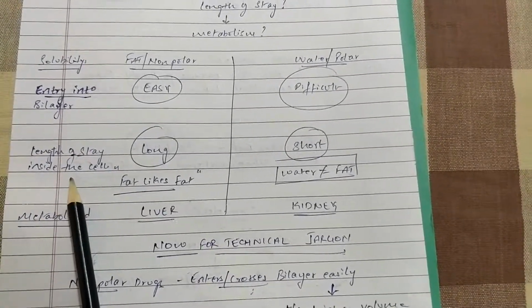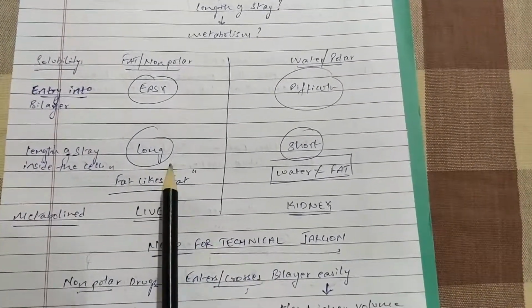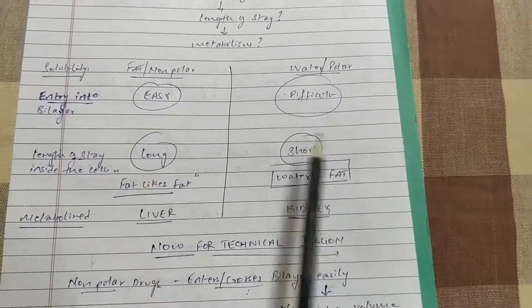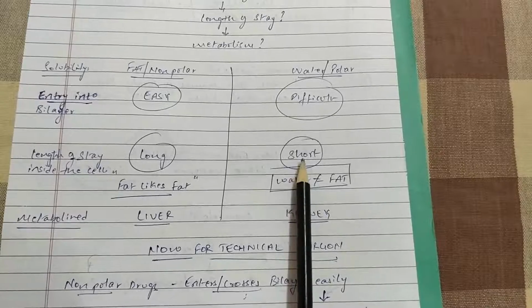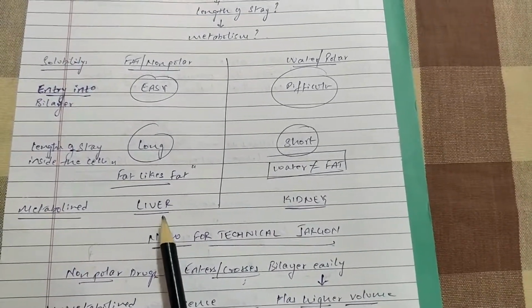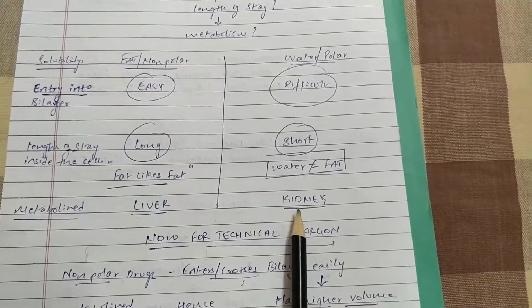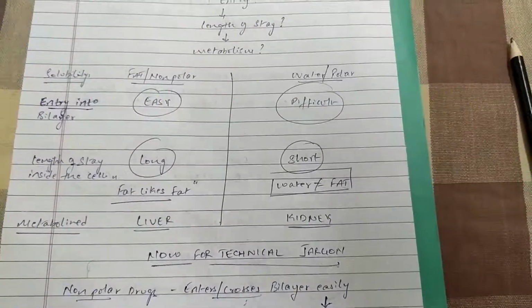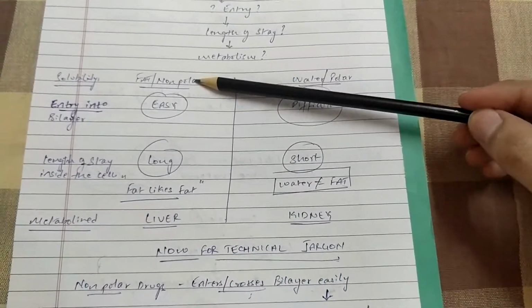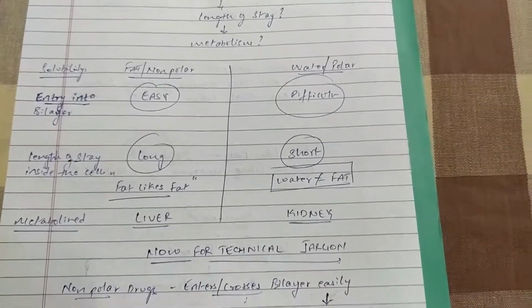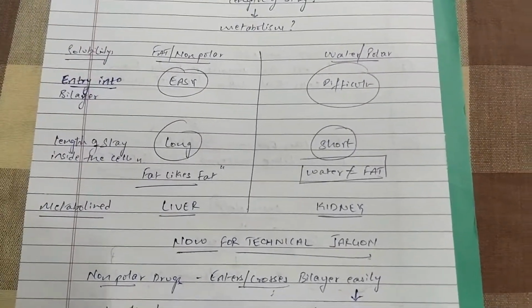The length of stay inside the cell is usually longer because half-life is longer for fat soluble drugs, and usually shorter for water soluble drugs. And metabolism takes place in the liver for fat soluble drugs and in the kidney for water soluble drugs. So you may think retrospectively that if a particular drug gets metabolized in the liver, you would definitely want to know the liver status of a patient.